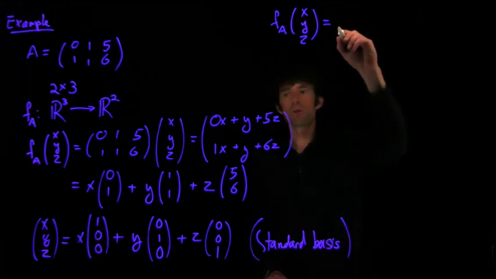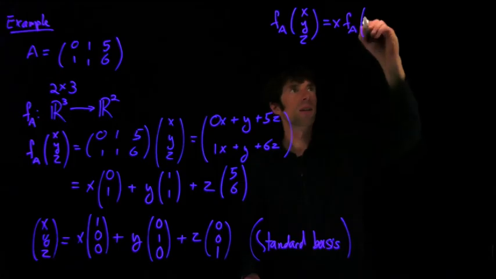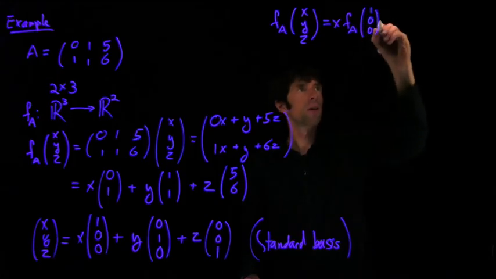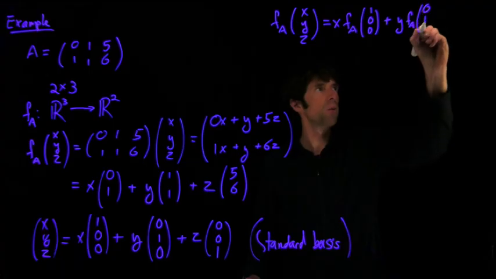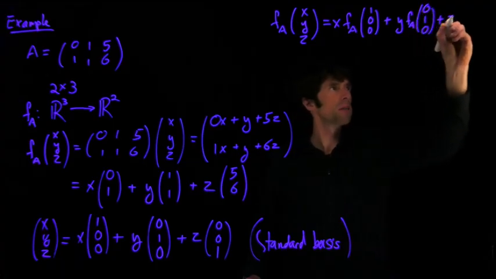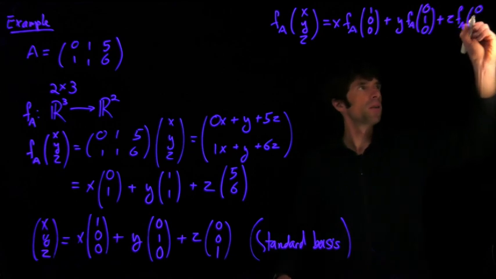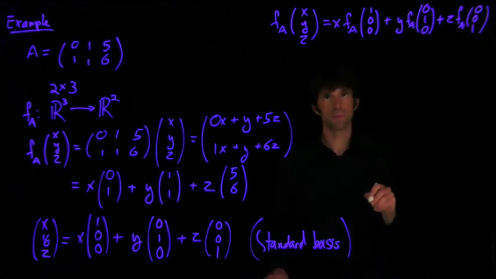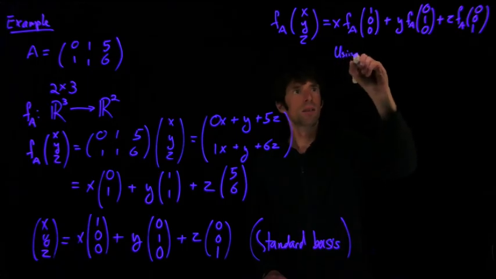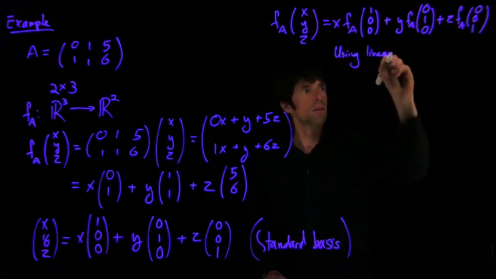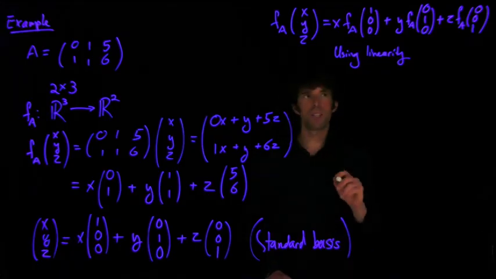This is equal to x times f sub A of this first vector (1, 0, 0), plus y times f sub A of the second vector (0, 1, 0), plus z times f sub A of the third vector (0, 0, 1). And this is using linearity, the fact that f sub A preserves linear combinations.